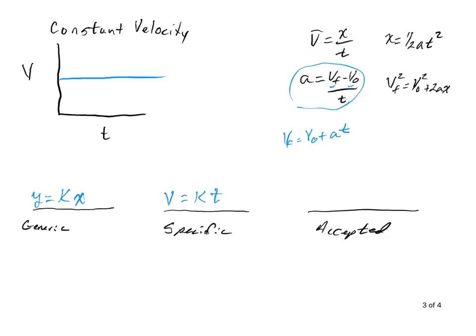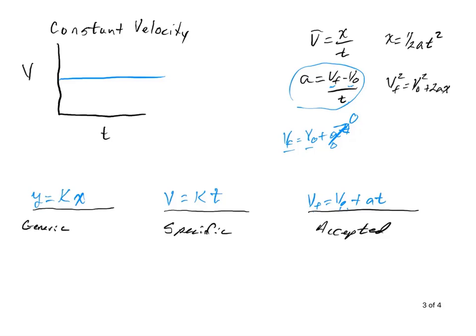And in this case, since the acceleration was 0, 0 multiplied by any amount of time is equal to 0. Basically it tells us that if the acceleration is 0, the final velocity will be equal to the original velocity. And that is our accepted equation. Vf is equal to v original plus at. And in this case, the a is the acceleration of 0, and the constant here is the velocity. The final velocity and the original velocity are equal to each other.